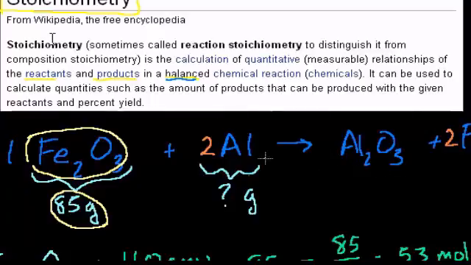If we have less than 28.63 grams of aluminum, then the aluminum will be the limiting reagent, because then we wouldn't be able to use all the 85 grams of our iron 3 oxide molecule. Anyway, I don't want to confuse you in the end with limiting reagents. In the next video, we'll do a whole problem devoted to limiting reagents.